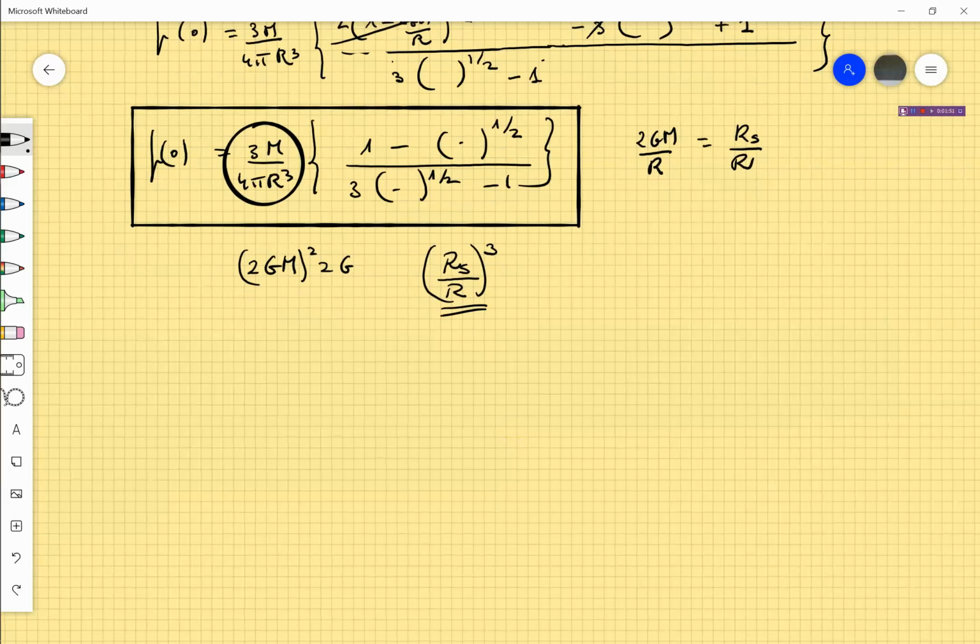First of all, remember that we had a condition on the mass function that was telling us that this had to be smaller than r.